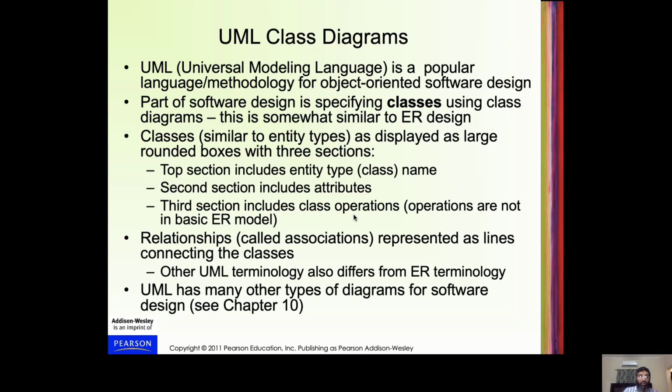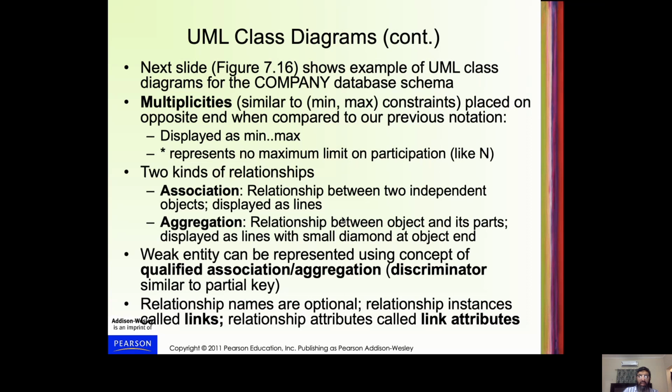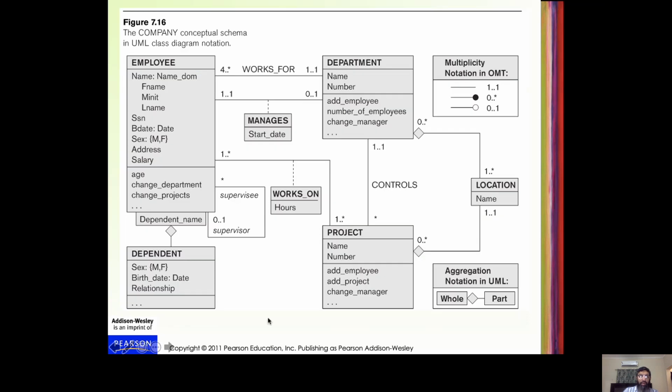If you look at the same company conceptual schema in UML class diagram notation, we have an employee class. At the top you can see the entity name, then you have all the attributes, and underneath you have functions or operations that are associated with this particular class.